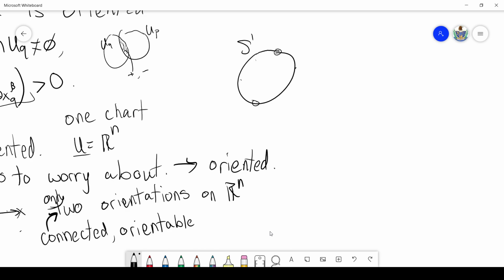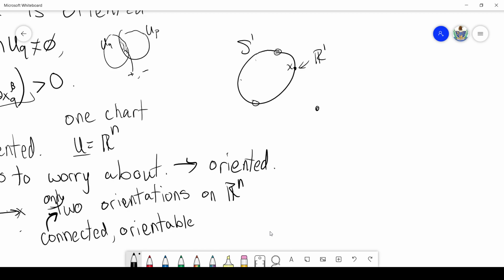And so at each point, there is a tangent space, which we can consider as being inherited from its local coordinates, right? So at a point in S1, locally, this looks like the real line.